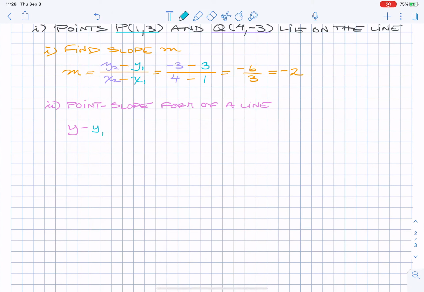And we'll use point P. So I could have used point Q, it does not matter. So plugging in, we will get y minus, what is the y coordinate of point P? 3. is equal to, what's the value of the slope? We found that it was -2 times the quantity x minus the x coordinate of P, which is 1.